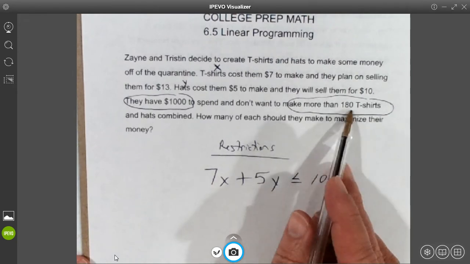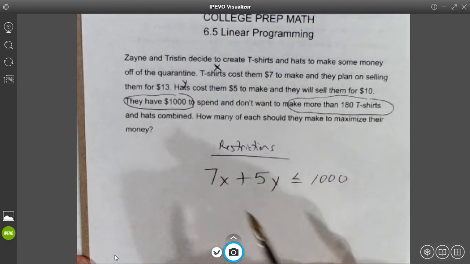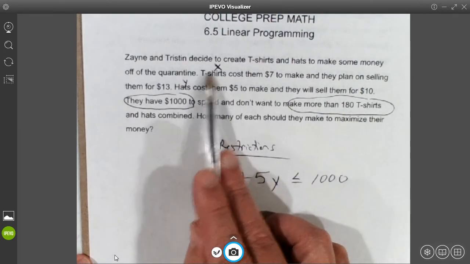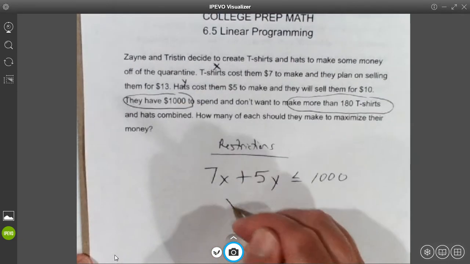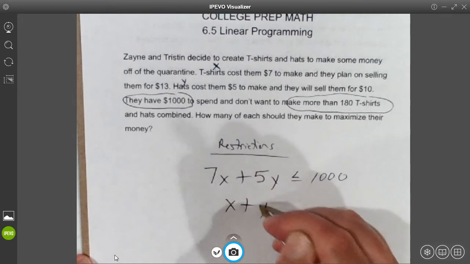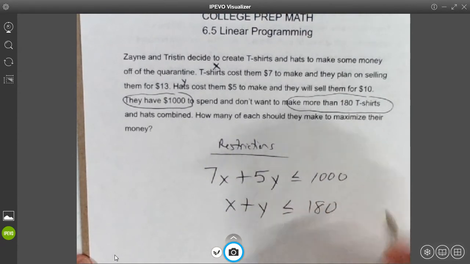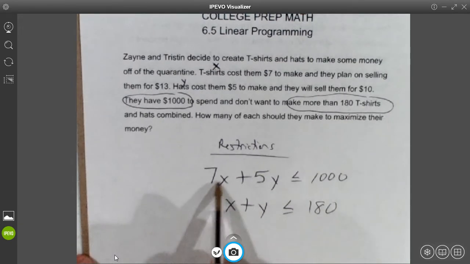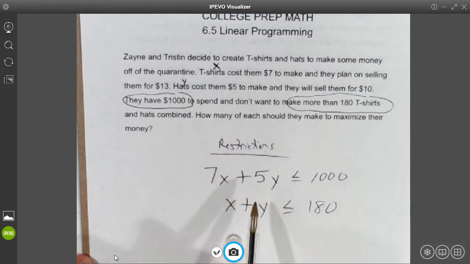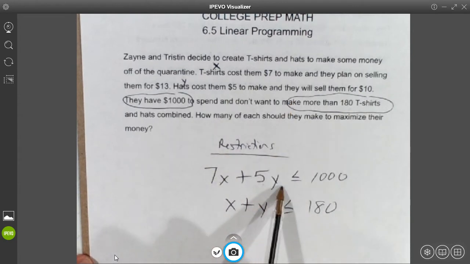If they want to make at most 180 hats and T-shirts, again with T-shirts as x and hats as y, another restriction is x plus y has to be less than or equal to 180. The first one had the 7x because we're talking cost, and it was $7 per T-shirt, and this one was $5 per hat. This one is just number of shirts and number of hats.